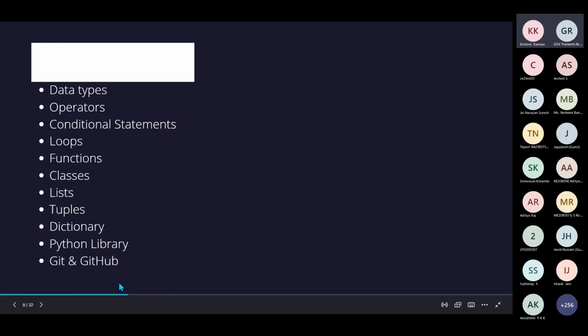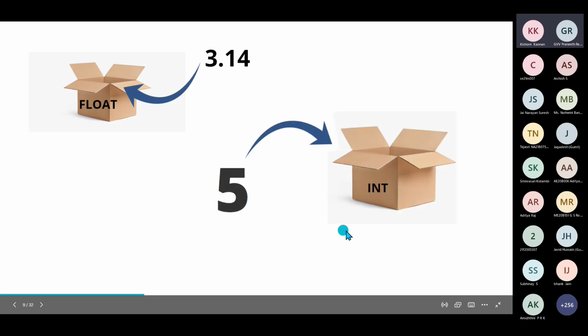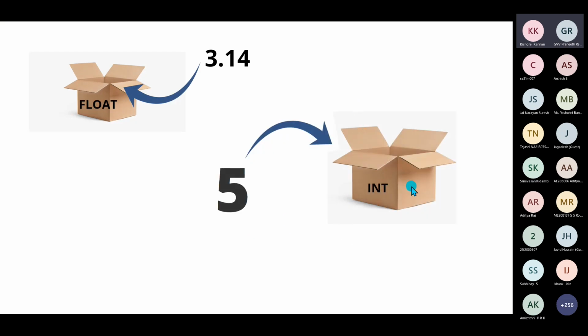Okay, so moving on. First, let's look at what data types are. Variables are classified using data types. What are variables? You can imagine a variable to be something like a container, like a box. Let's name this X, and this is a variable, and this is the data that goes inside it.